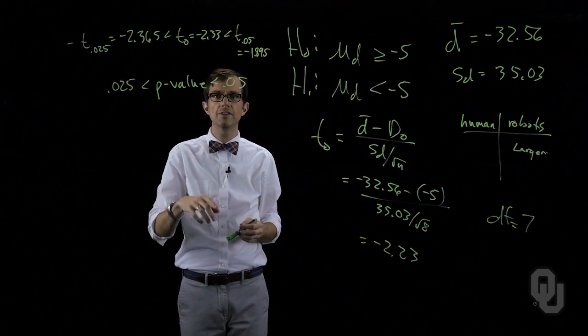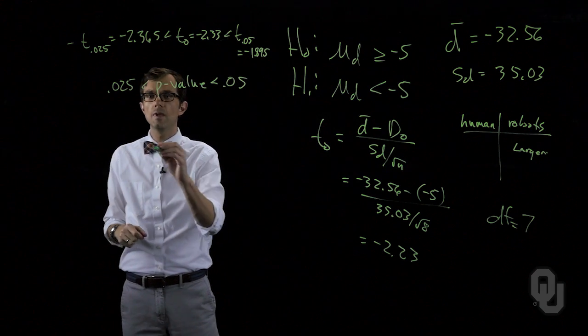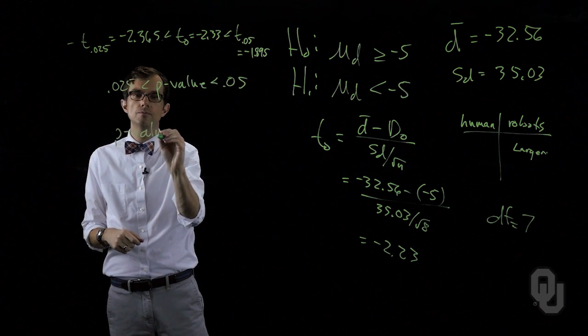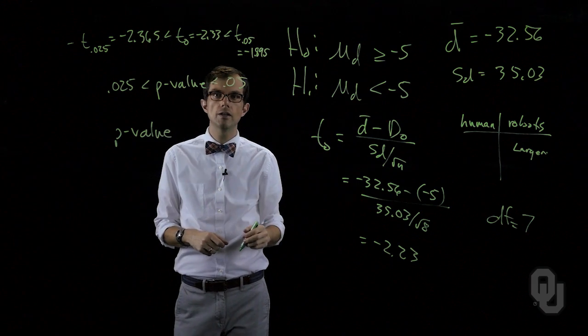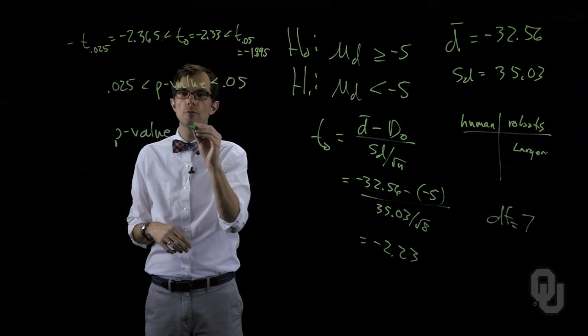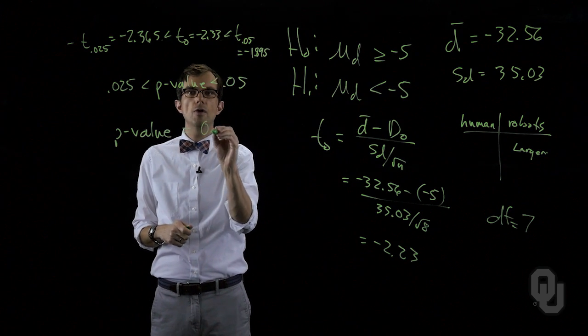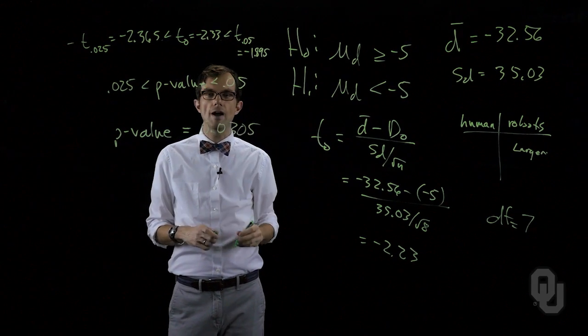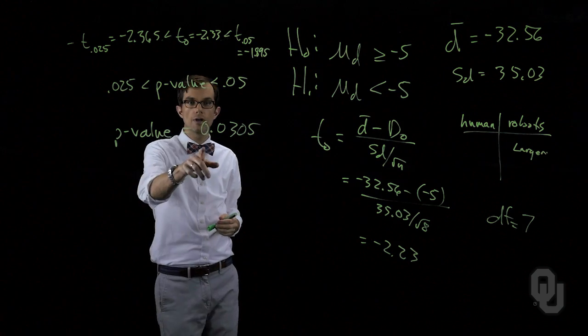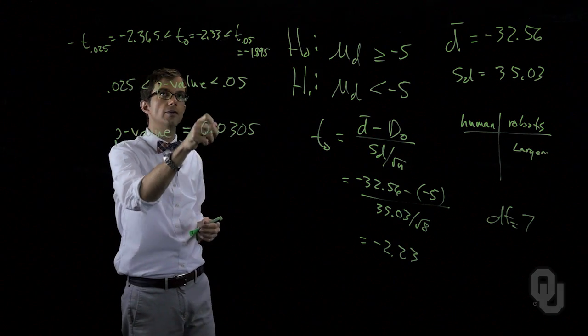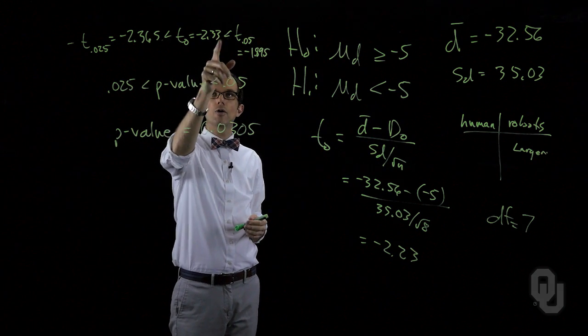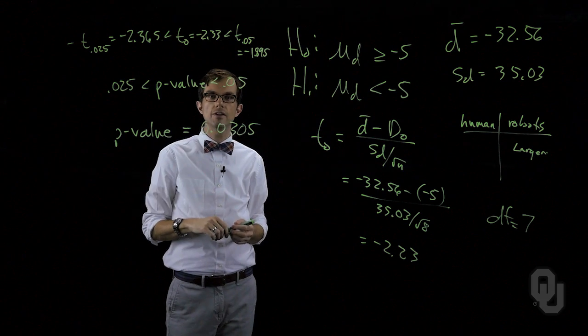Okay, let's also just look this up in Excel and find the p-value using the appropriate function, the tdist function. And that gives us a value of 0.0305. Okay? So again, this p-value is a little more exact for our exact test statistic here.